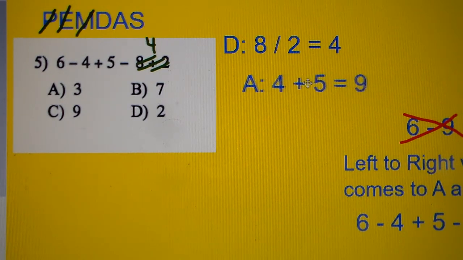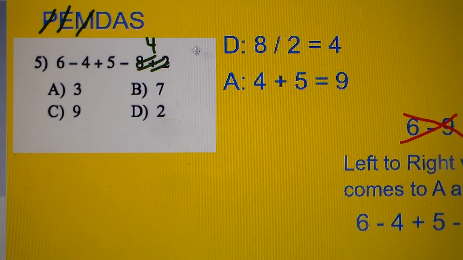Now, just like we were saying before, when there's only addition and subtraction left over, like what we have here, 6 minus 4 plus 5 minus 4, they're interchangeable, addition and subtraction.